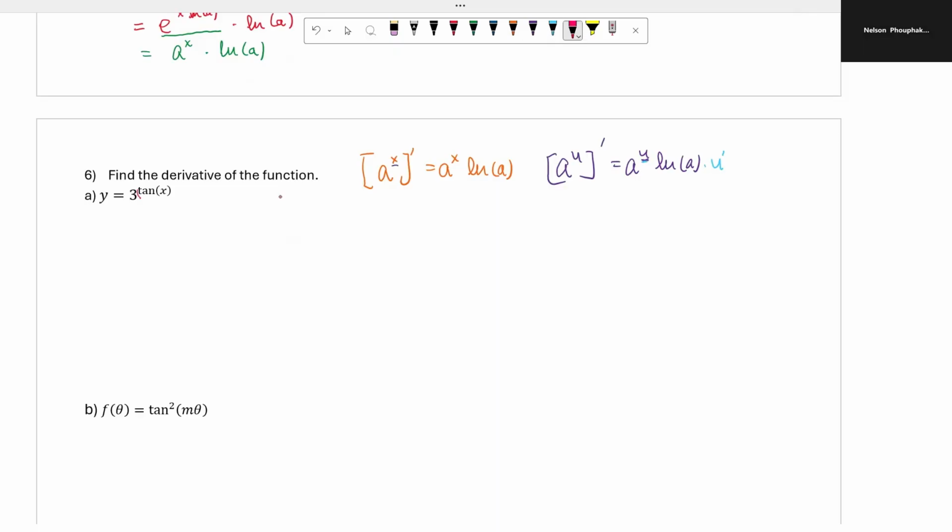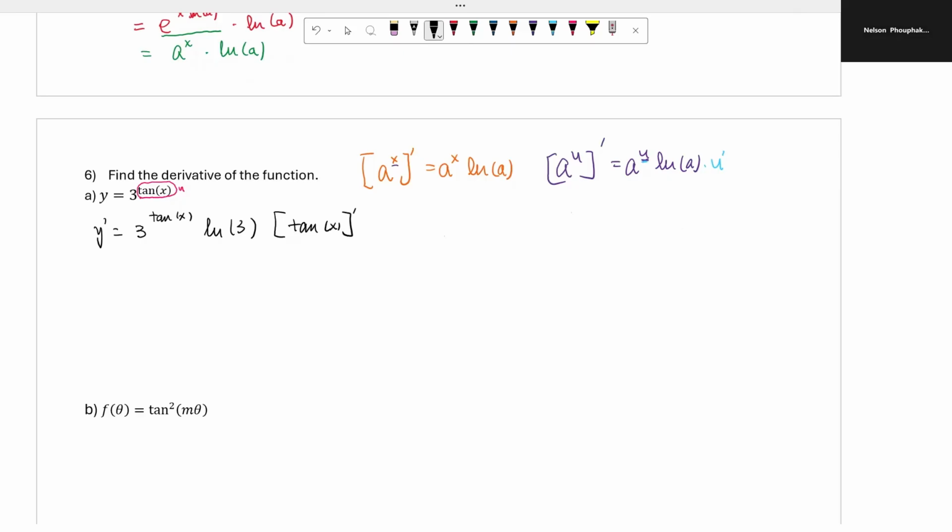And now, this one is just like the u that we have. So y prime will be 3 to the tangent of x, and then natural log of 3. And we need to take the derivative of tangent of x.